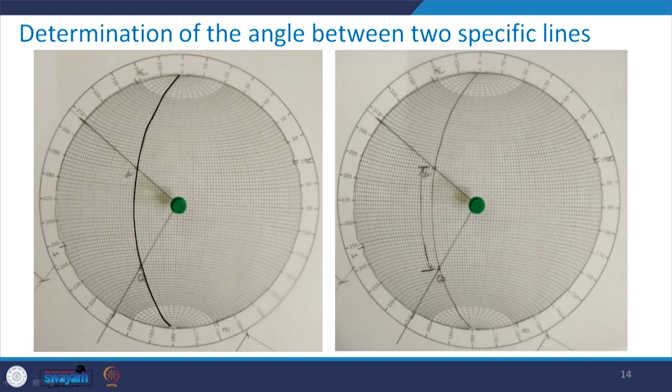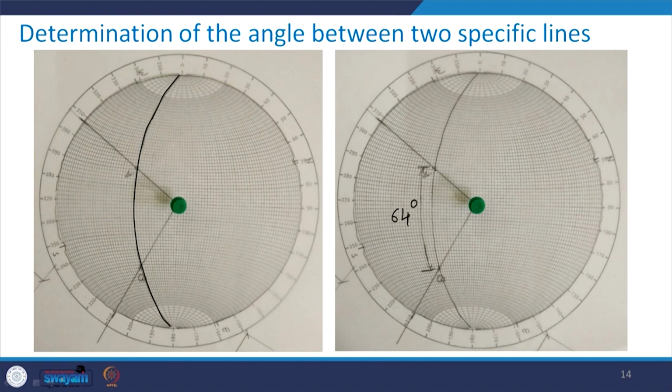Now, once I do that, I count the number of intervals along this great circle between these 2 points A and B, and if you just count it, these will be 32 intervals. Now, each interval is representing 2 degree. So, we need to multiply that by 2. So, 32 multiplied by 2, which is 64 degree. So, this comes out to be 64 degree.